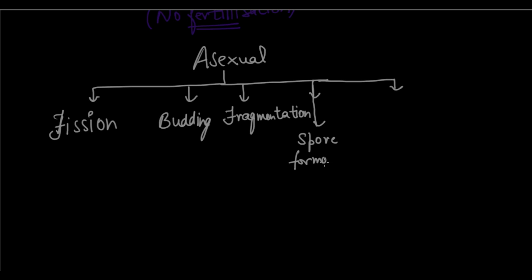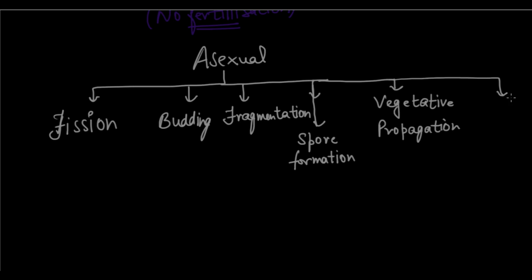There is vegetative propagation. And these are all which we've learnt in our lower classes. But there's one more which is newly introduced in your course this year, that is regeneration.